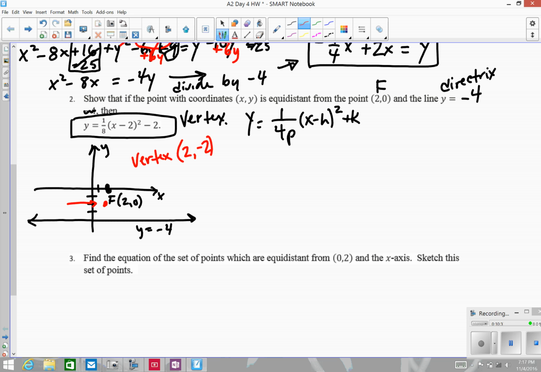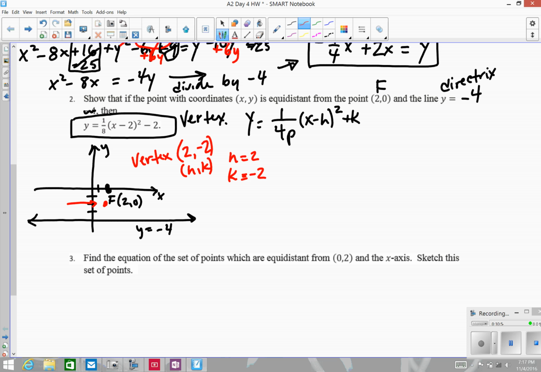This helps me out quite a bit because the vertex gives me my h and k values. So I know now that h is equal to 2, k is equal to negative 2.